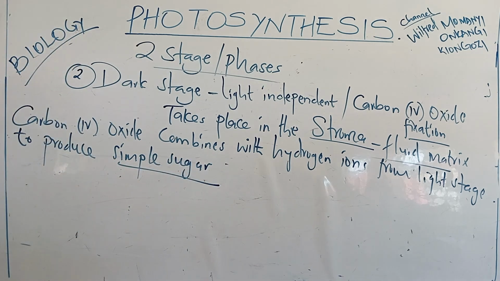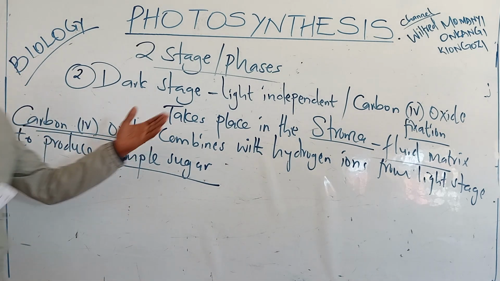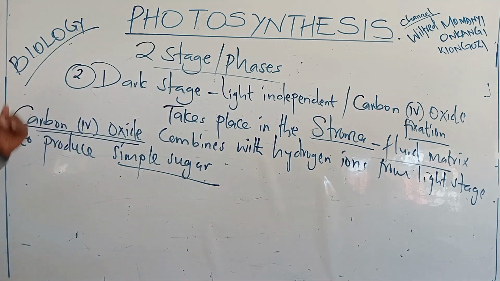This is what we are calling food. Remember, it is important to note that carbon dioxide is our second raw material. The first raw material was useful in the light stage. The second raw material is now useful in the dark stage of photosynthesis.